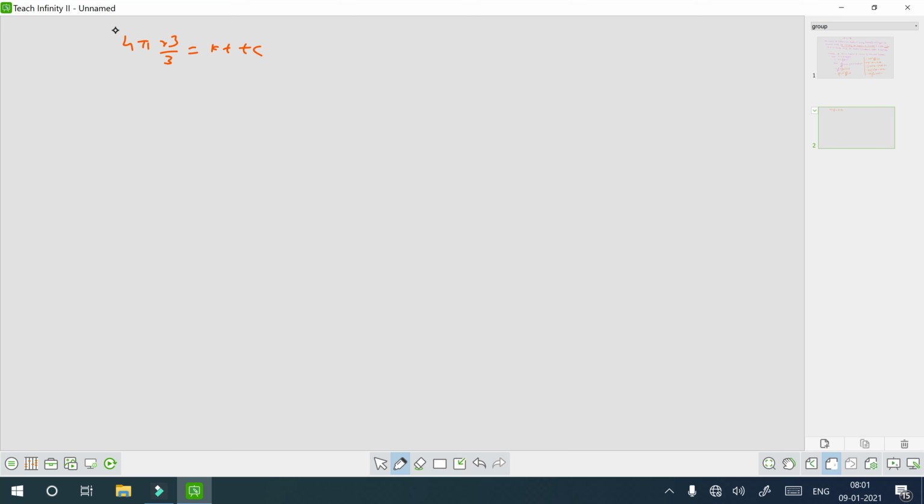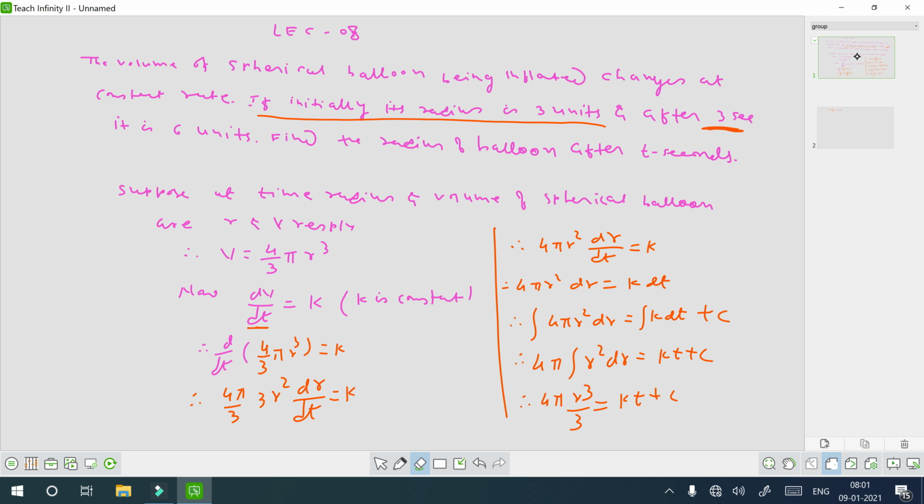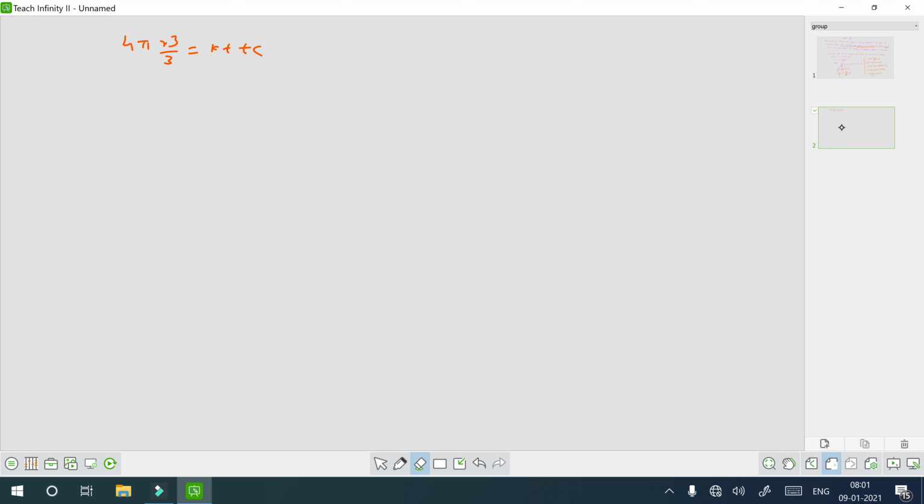Now it is mentioned that initially the radius is 3 units. That means at time t equal to 0, r is equal to 3. So put it here. 4 pi into 3 cube by 3 is equal to k into 0 plus c.